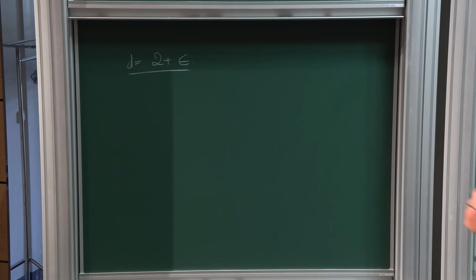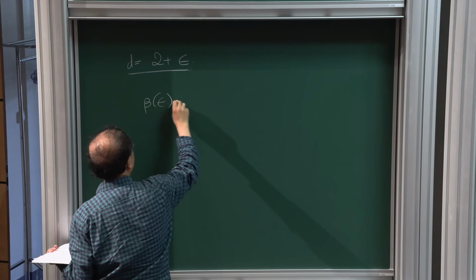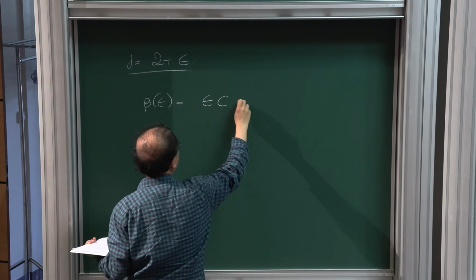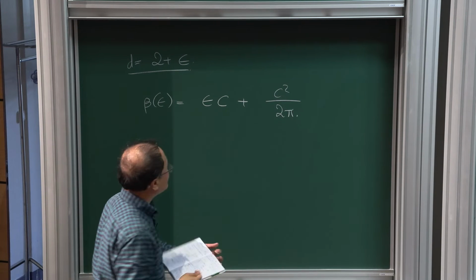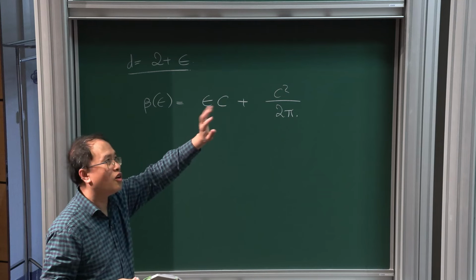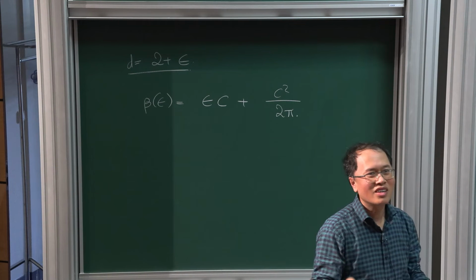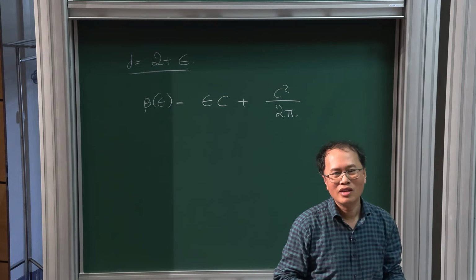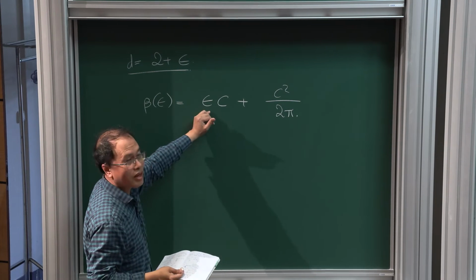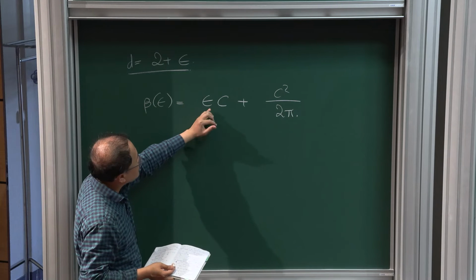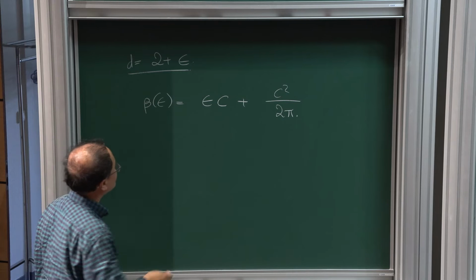The beta function in d equal 2 plus epsilon is simply epsilon times c plus c squared over 2 pi. The extra linear contribution comes from the fact that the operator psi dagger psi already has, in naive dimension counting, a dimension equal to minus epsilon, and so the coupling constant c has scaling dimension minus epsilon. That's the reason why the beta function has an epsilon linear term here.